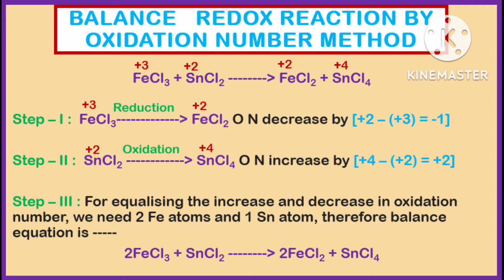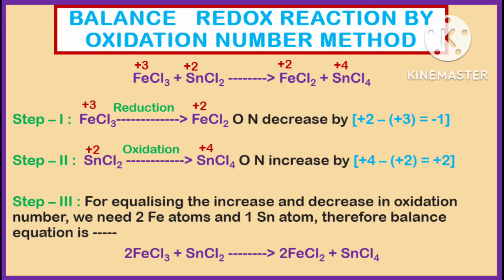Potassium dichromate K2Cr2O7 was neutral, meaning 0, so after K2 is gone, Cr2O7 will be minus 2.